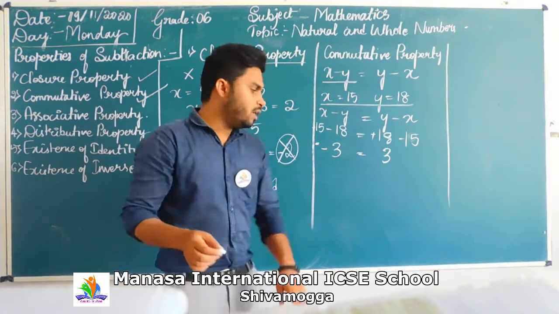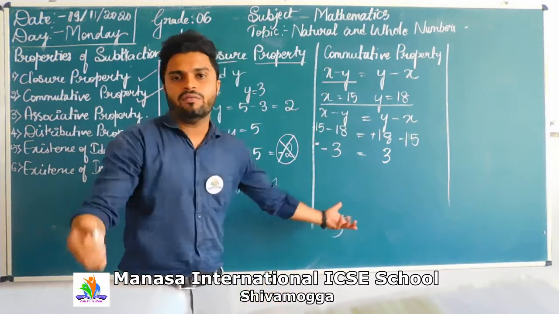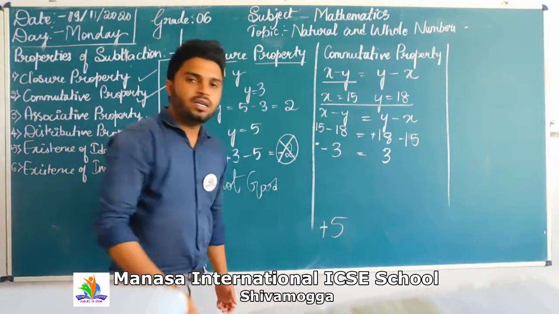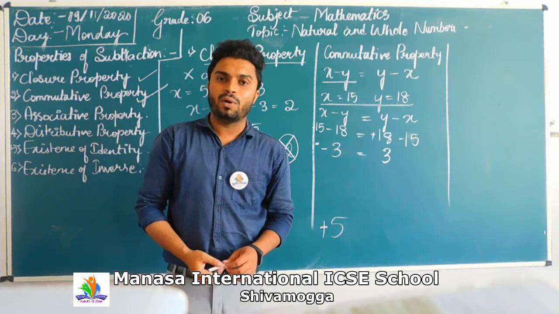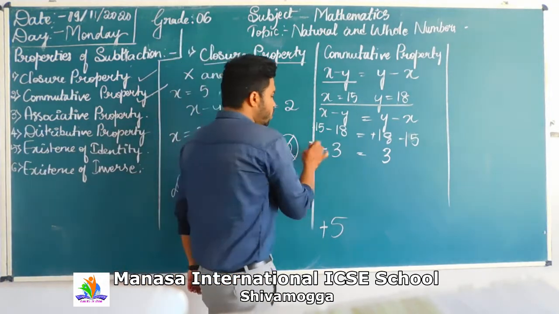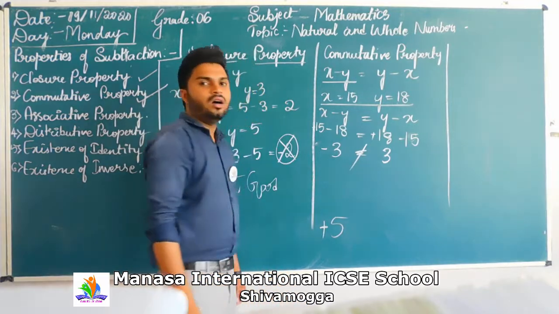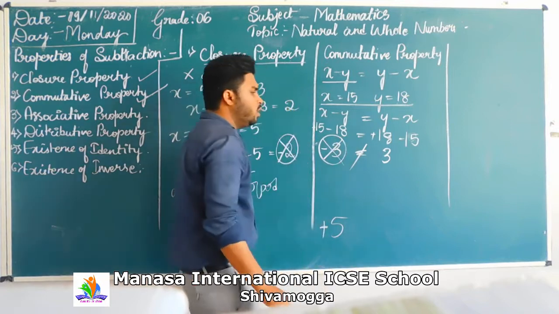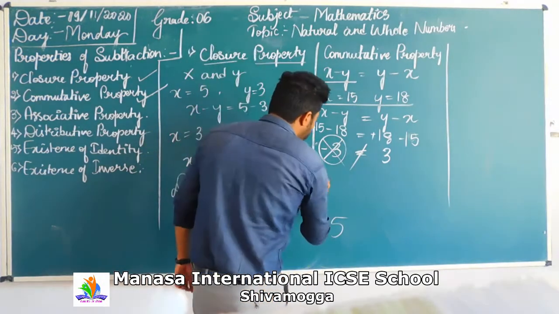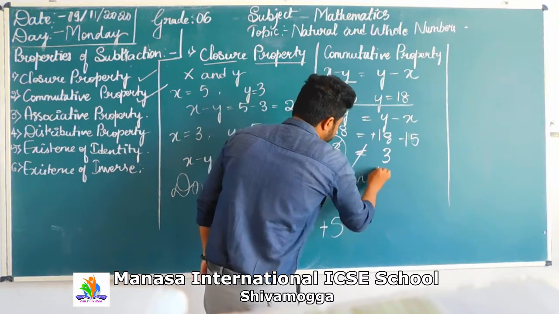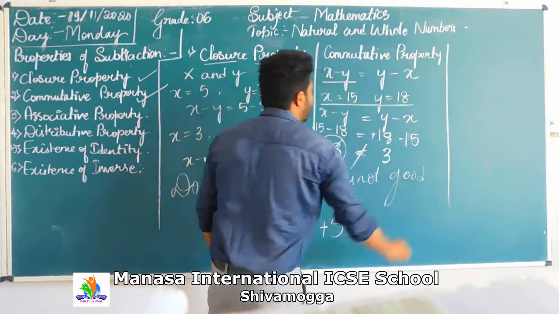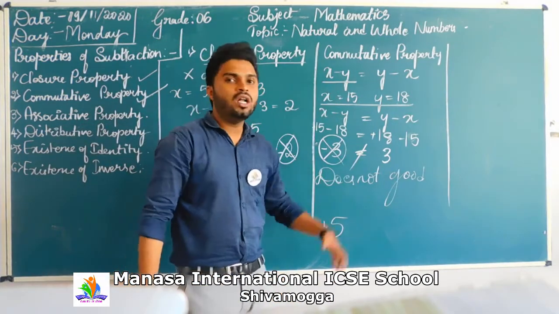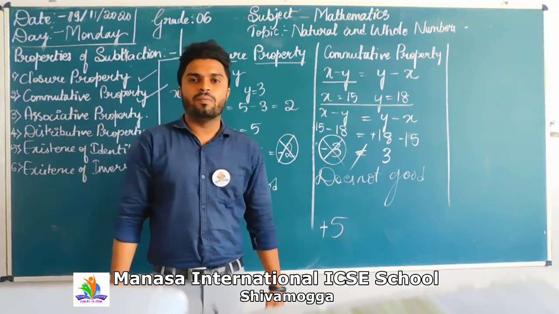For example, I am going to write 5 without any sign. So the commutative property does not hold good for subtraction.